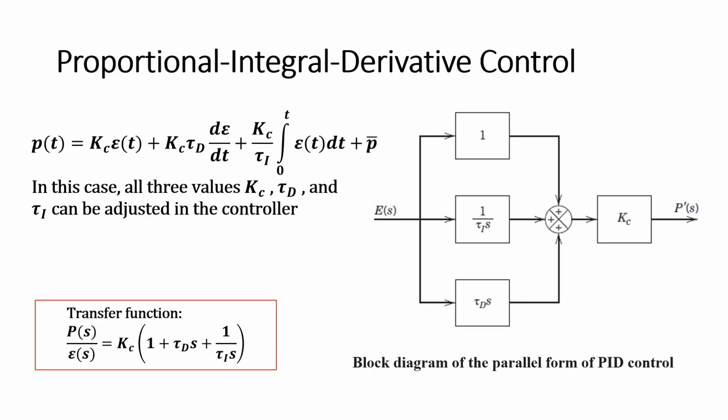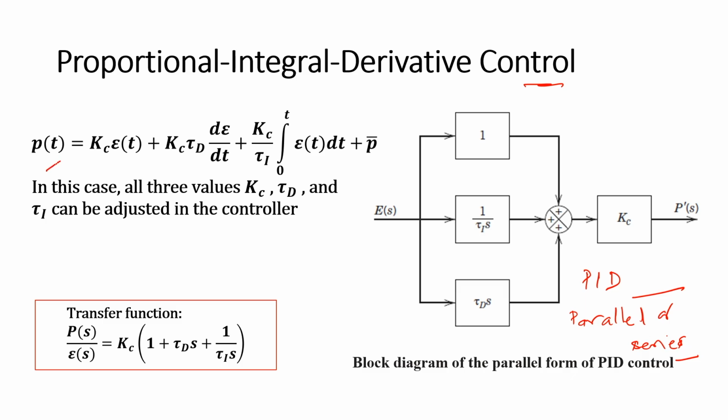The next comes this PID control, where you are going to have all three. So, now this PID can be in parallel or it can also be in series. There are possibilities to have different combinations or different arrangements for the PID.